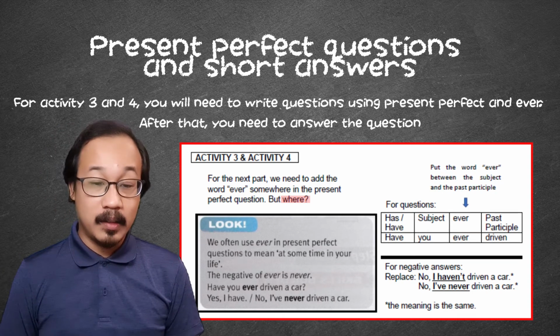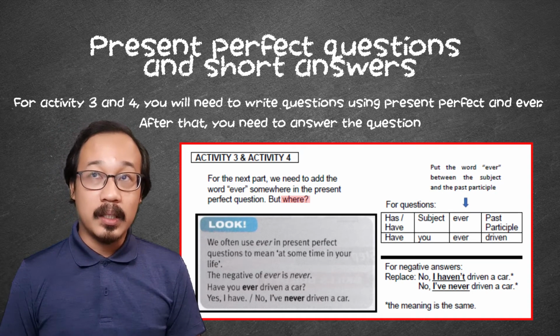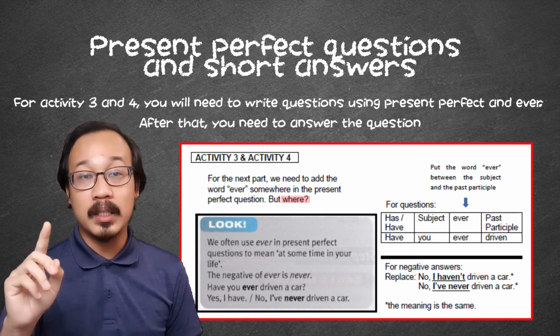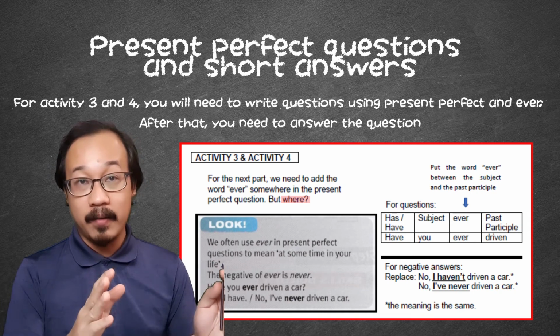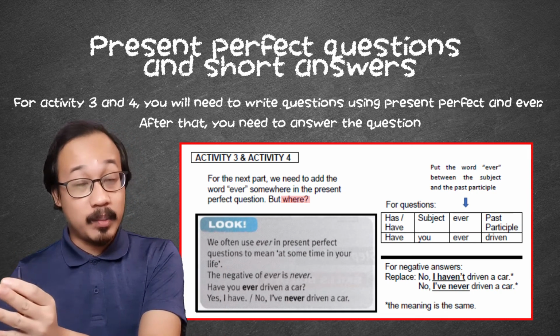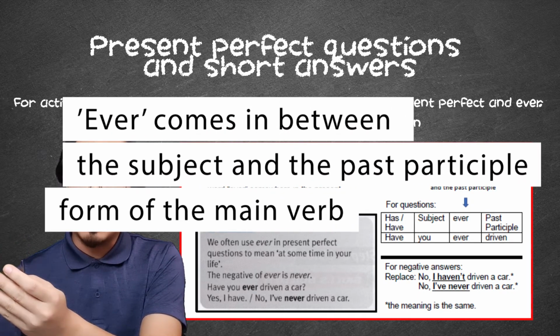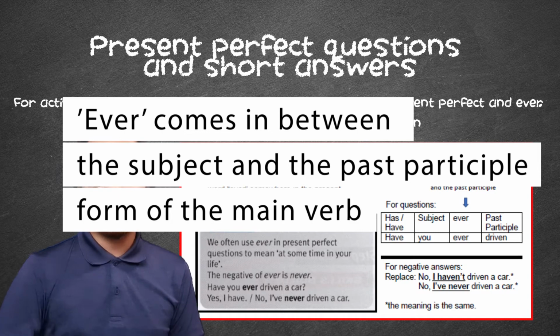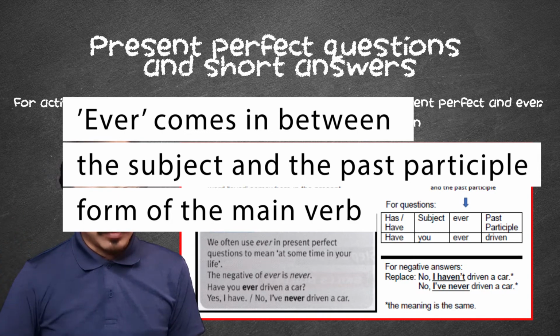For example, in the question, have you ever driven a car? Have, you is the subject, followed by ever, and driven is the past participle form of the main verb. So there you have it. It has to be in between the subject and the past participle form of the main verb.